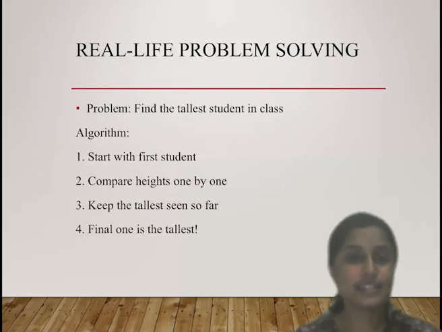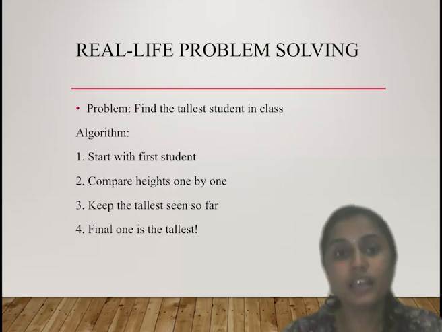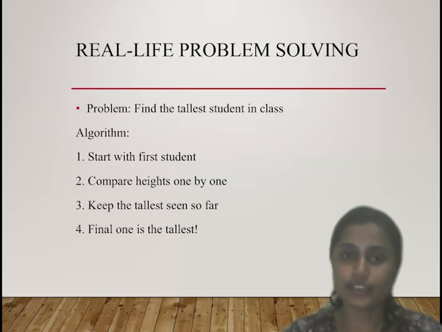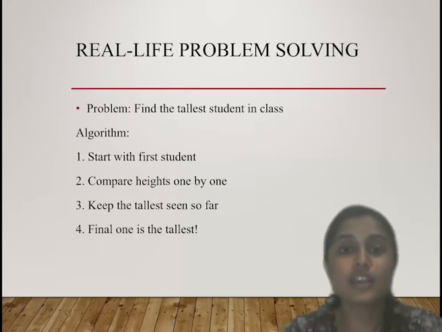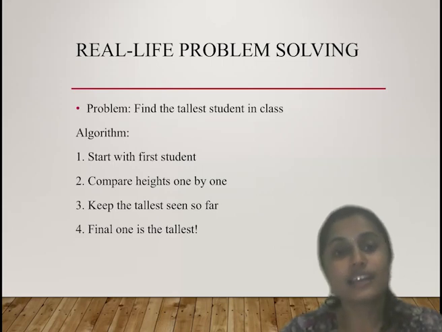Next, we are considering a real life problem. We want to find the tallest student in a class. This is our problem. We want to solve this problem by using an algorithm. Let's look at the solution. First, start with the first student. That is, we are considering the first student as the tallest student in the class. Then we are comparing the heights one by one.